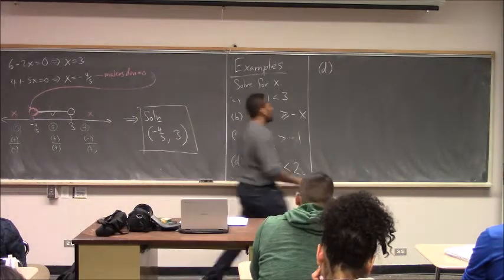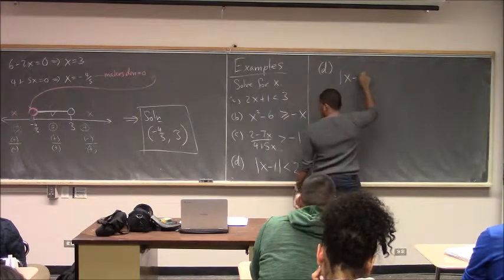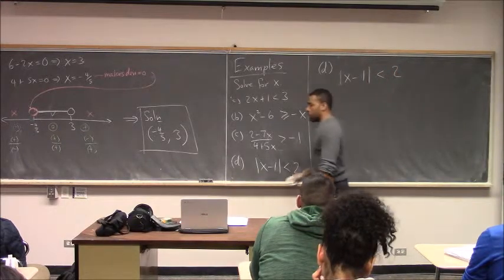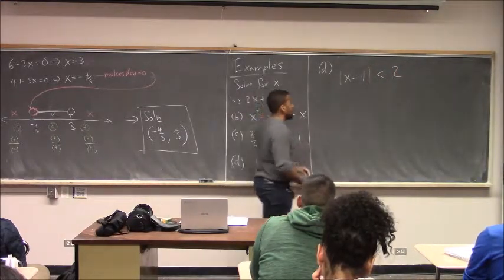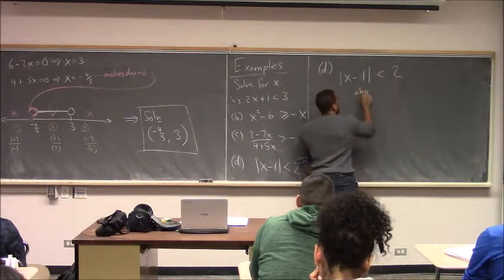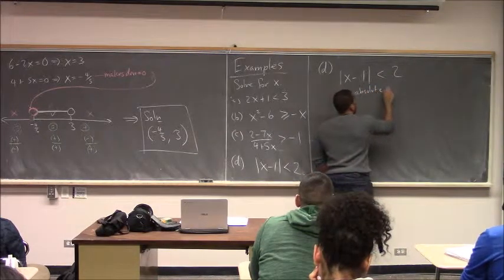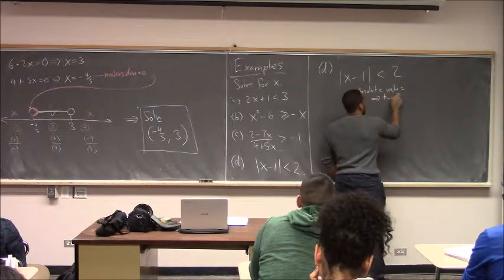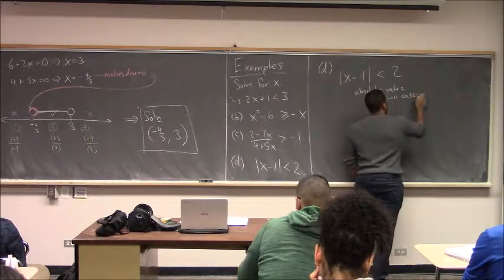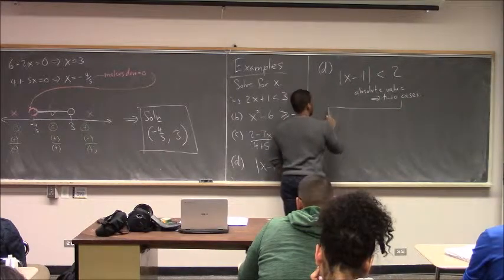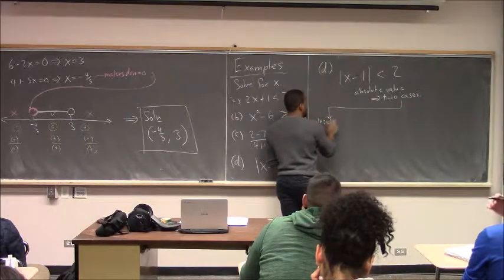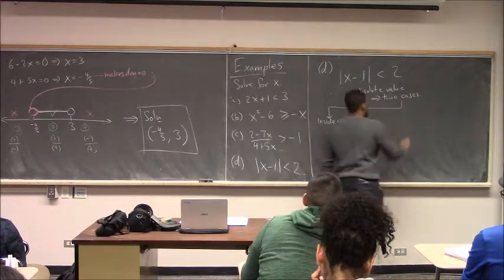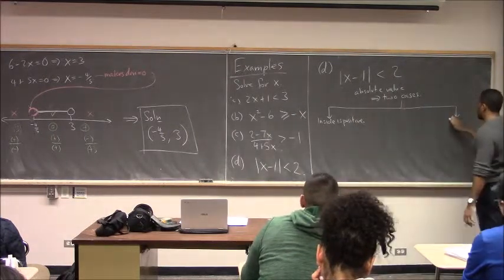So when you see this, you have to be aware, because of the absolute value, there are 2 cases. You have to worry about if the inside is positive, versus is the inside negative?